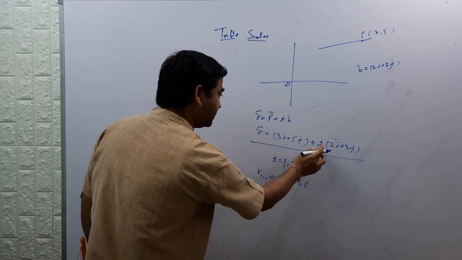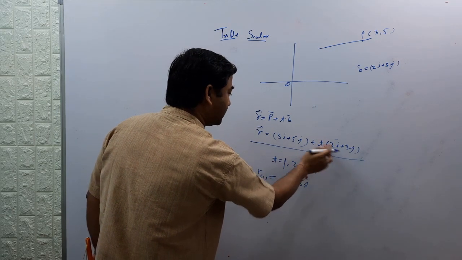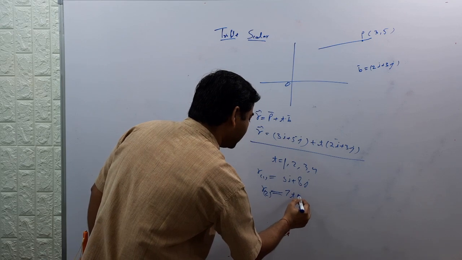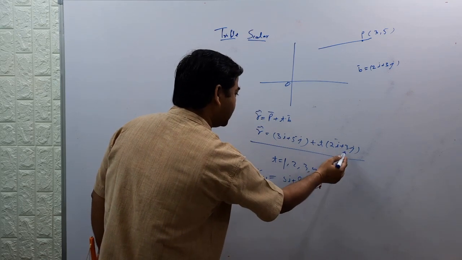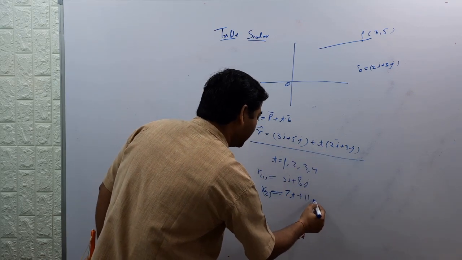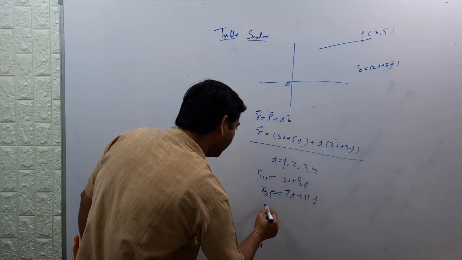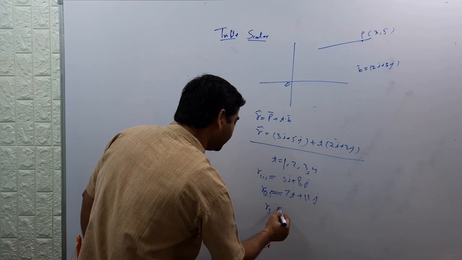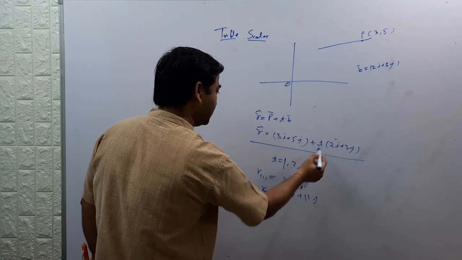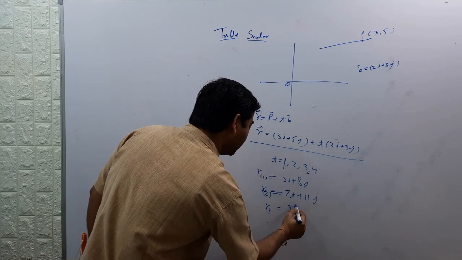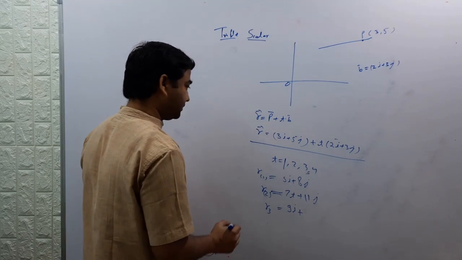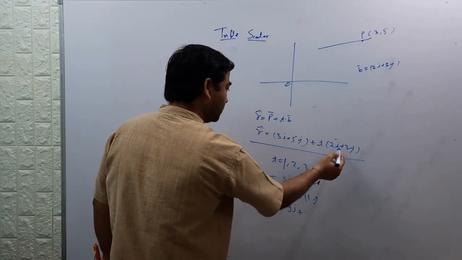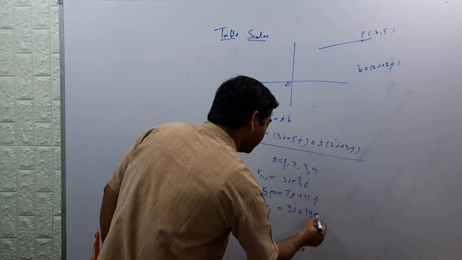For T equal to 2, R2 is 7I plus 11J. For T equal to 3, R3 is 9I plus 14J.